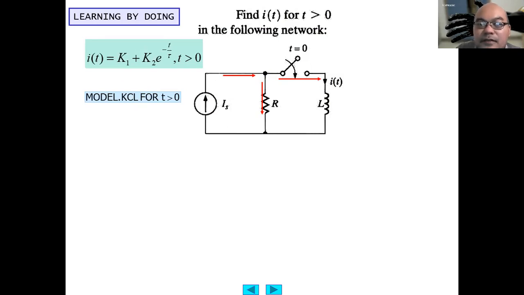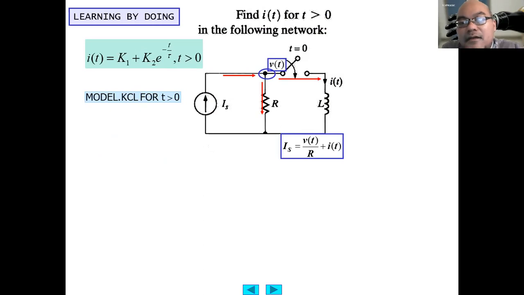The model for the KCL for t larger than 0 is that, using Kirchhoff's current law, Is equals Vs over R, the current flowing through the resistor, plus i_L.